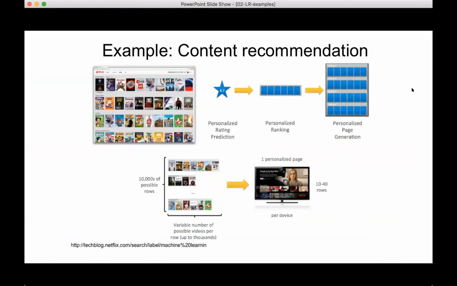Here's another example. This is from Netflix. Obviously, we're all increasingly consuming personalized content, and you can think about the rating prediction problem as a regression problem. Think about trying to predict a number between, let's say, 1 and 5. Think about it as a continuous number, maybe 4.7, meaning we predict you will really like it, and using that predicted rating to try to decide how to rank content that you might be interested in watching at Netflix.